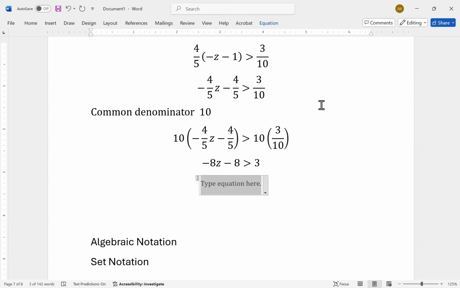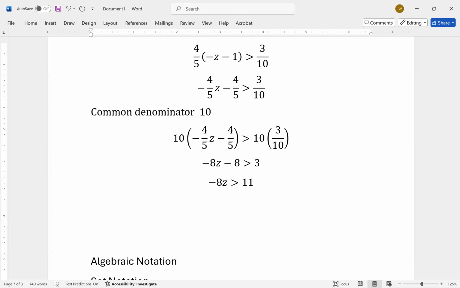Adding 8 to both sides would give me negative 8z is greater than 11. Now at this stage, I did not have to flip anything up till now. But now I do have to flip the sign because we're dividing by a negative.